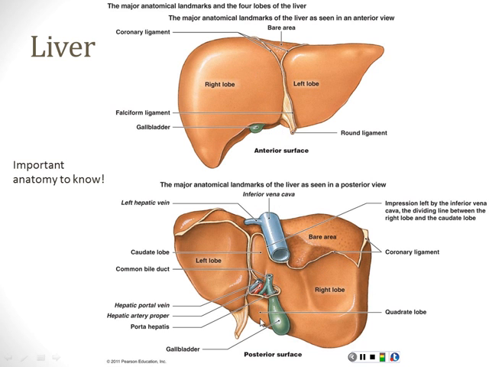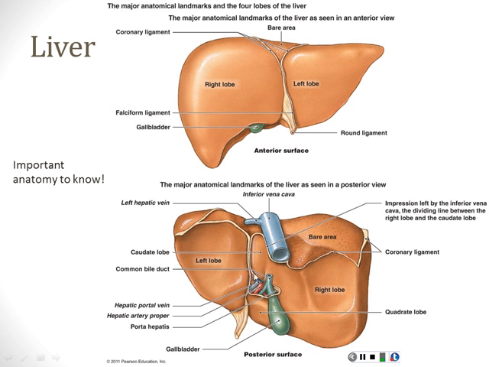So we have the quadrate lobe, which sits next to the gallbladder, and we have the caudate lobe, which sits between the left and right, just to the left of the vena cava. So this is the caudate lobe right here. The coronary ligament, corona is crown, so the coronary ligament goes all the way around the liver here, where it comes up underneath the diaphragm.